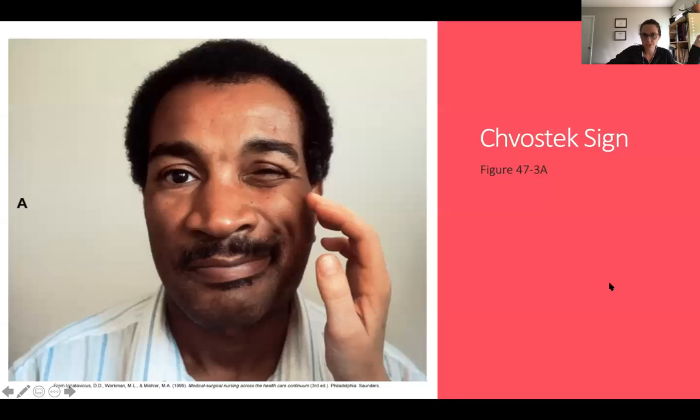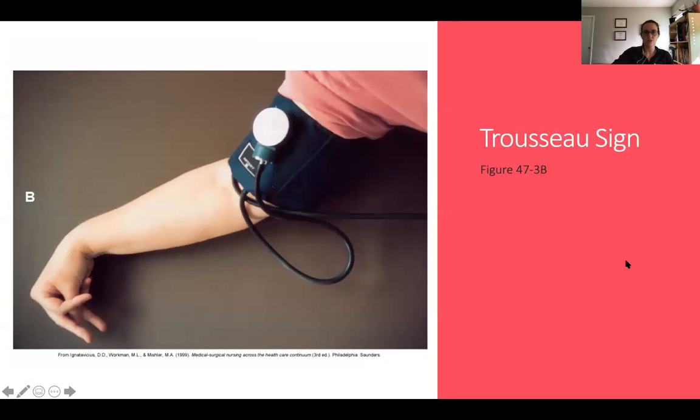So here's a picture of the Chvostek sign where you tap them in the face and they'll have twitching of the facial muscles. And then the Trousseau, so the hand movement there, that is the spasm of the hand when you inflate the blood pressure cuff.